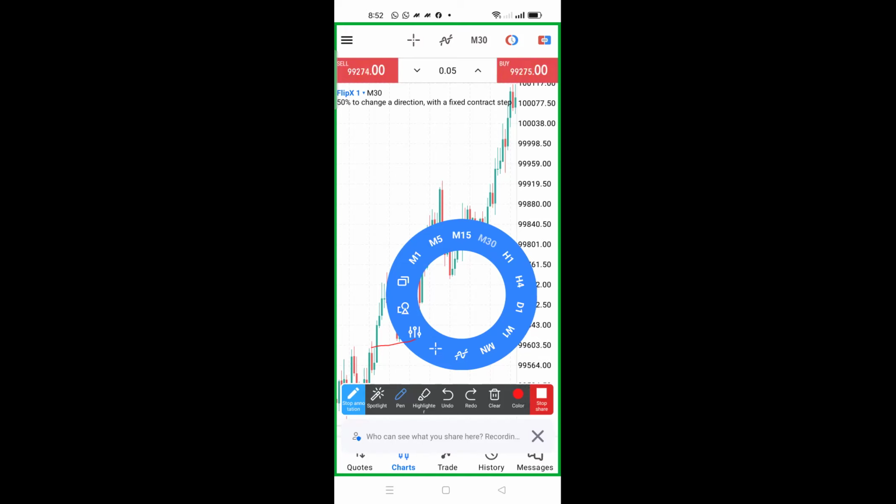Then this one now is tools. Now, what are tools? Tools are your trend line, horizontal line, vertical line, rectangle, box, Fibonacci, different tools, they are here under this tool. Now, this third one here is for you to change your chart.